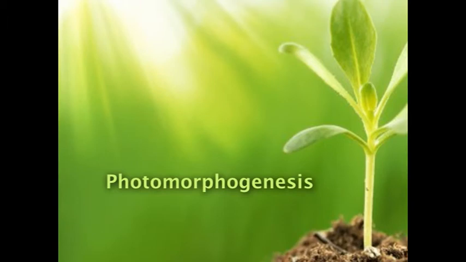Next, let us see photomorphogenesis. Photomorphogenesis may be defined as light-mediated development where plant growth patterns including differentiation, morphogenesis and organogenesis respond to the light spectrum, that is the red, blue and ultraviolet wavelengths of light.